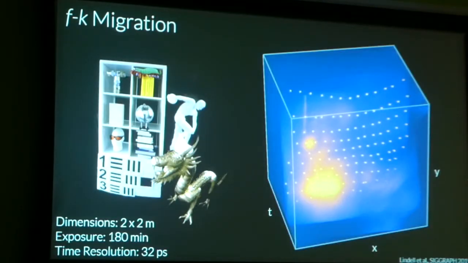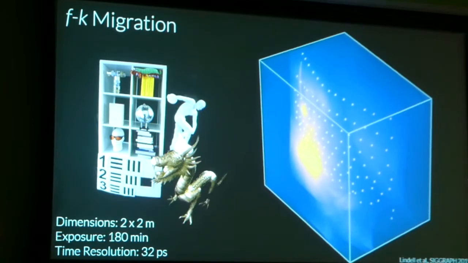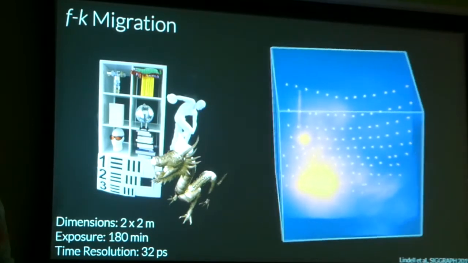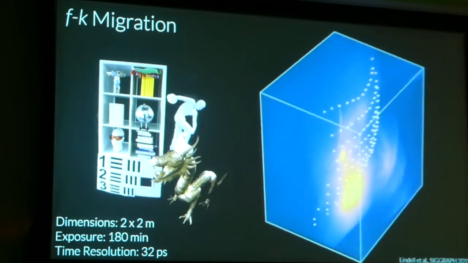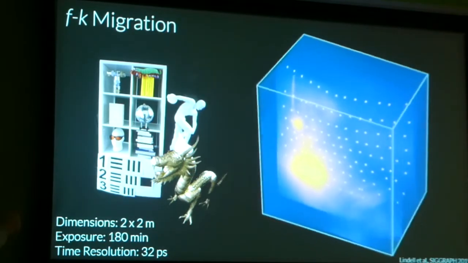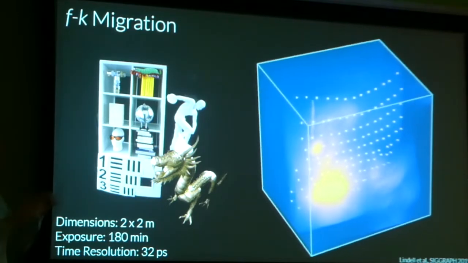So first, before getting into the details on that, let me show you some results. This was a scene that we captured on the left, and the measurements are on the right. The measurements are interesting because they showcase a few of the different light transport effects that are going on. These objects have different reflectances. The dragon is more glossy. We have this disco ball that gives specular reflections, and you can see these effects in the measurements.